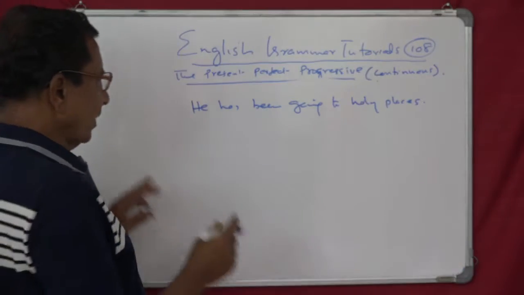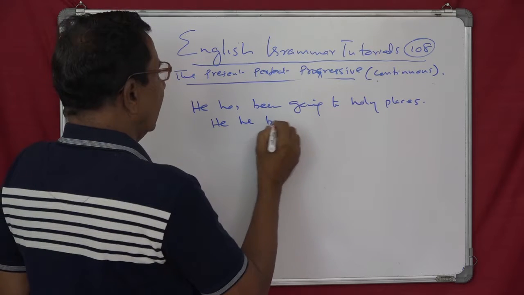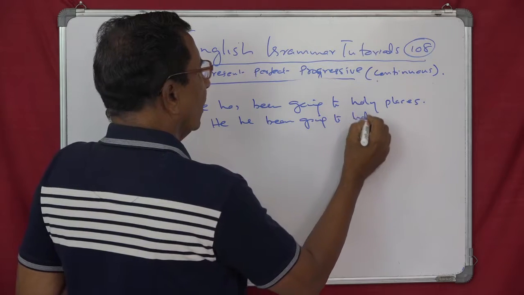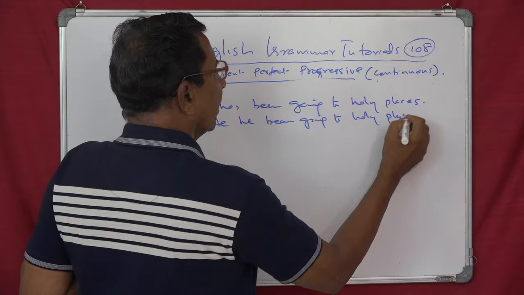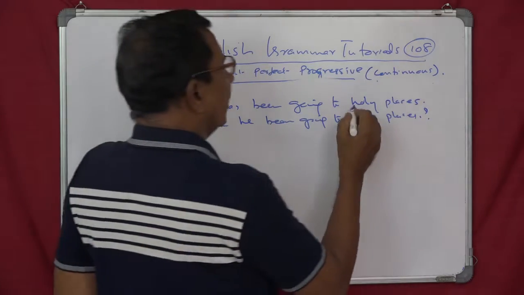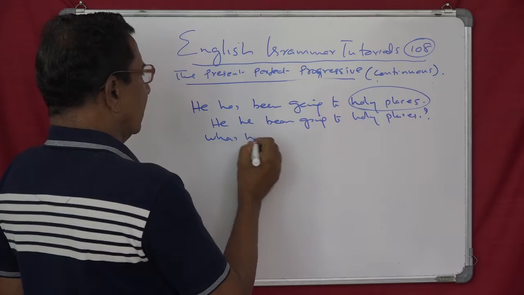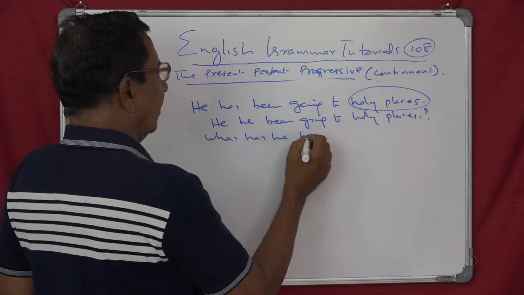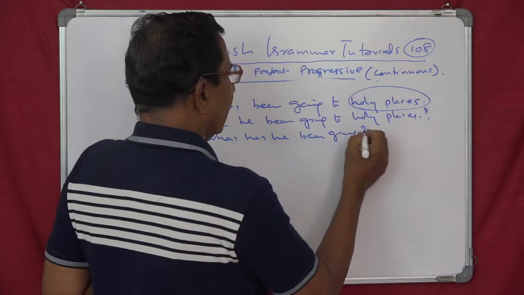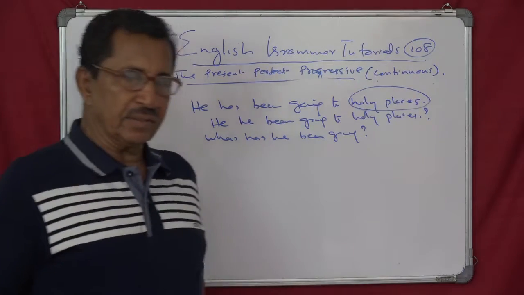So the yes or no question will be, has he been going to holy places? Question mark. Now you want to get the answer holy places. So you can say where? Where has he been going? He has been going to holy places.